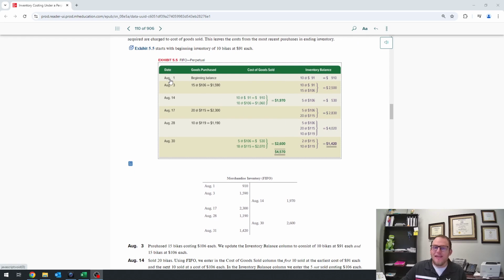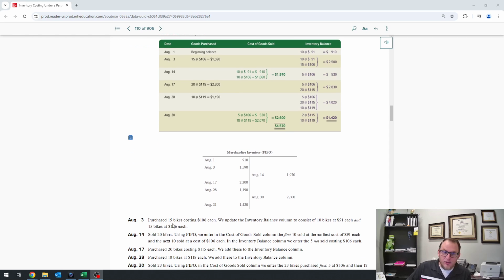So we had a beginning balance on August 1st of 10 units that cost us $91. So you can see here our inventory balance is $910. So down here it says on August 3rd, we purchased 15 bikes costing $106 a piece. So we will include 15 more units at $106.